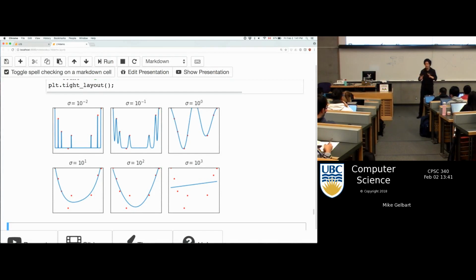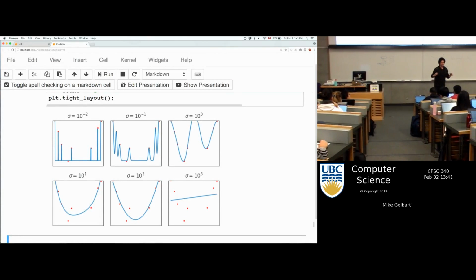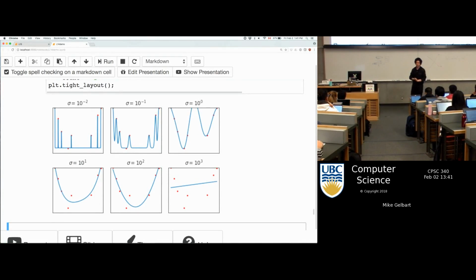So that makes sense that you can certainly get 0 training error. We'll just pretty much set each coefficient to be the value we saw there. And then we have this quite ridiculous looking fit for sigma equals 10 to the minus 2.